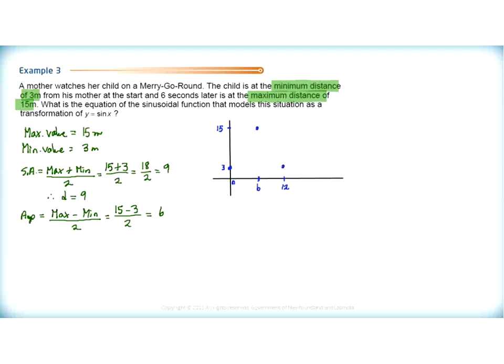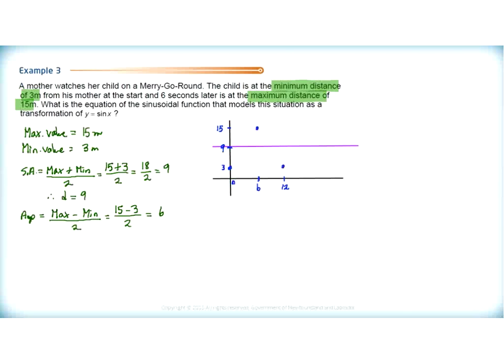Halfway represents the equation of the sinusoidal axis. So let me put that in. I'll put that in blue here. So this value is at 9.